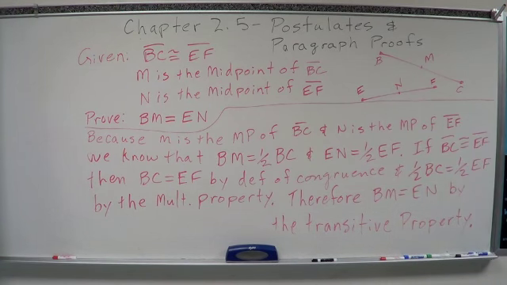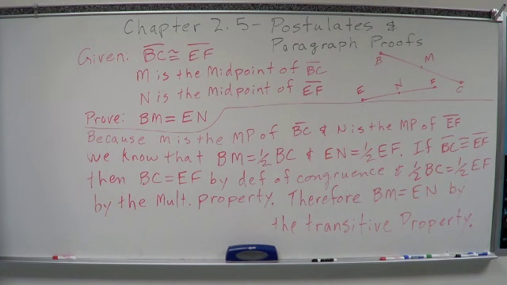Okay? Let's look at it. Given segment BC is congruent to segment EF. M is the midpoint of segment BC, and N is the midpoint of segment EF. Prove that the measure of segment BM is equal to the measure of segment EN. Here it goes. There's our picture. Because M is the midpoint of BC and N is the midpoint of EF, we know that the measure of segment BM equals 1/2 the measure of segment BC, and the measure of segment EN equals 1/2 the measure of segment EF.